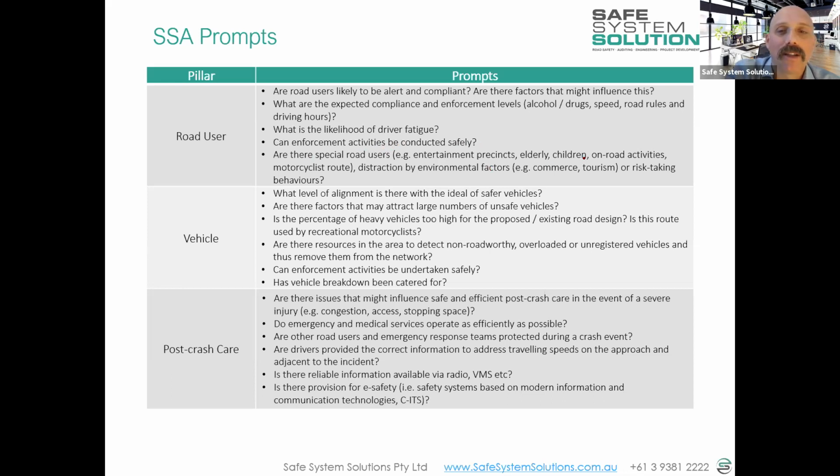So entertainment precinct, elderly, children, on-road activities, motorcycle routes? Is there distraction from environmental factors? Is there a big pineapple or a big fish or something? Commerce, tourism. Are there risk-taking activities? So you just write some commentary, some thoughts, some understanding around this.